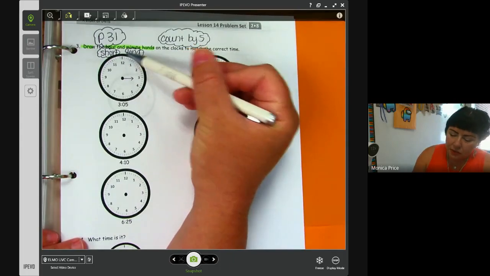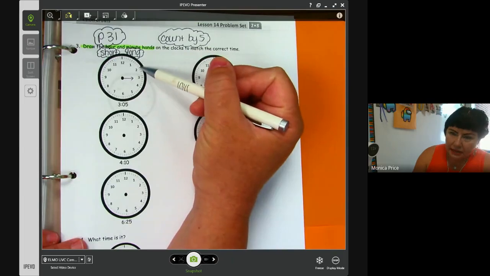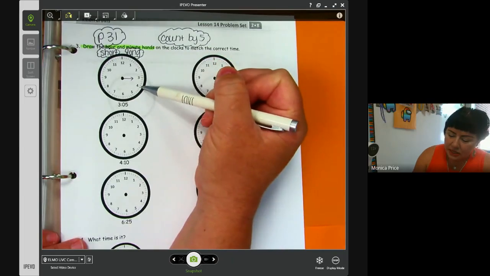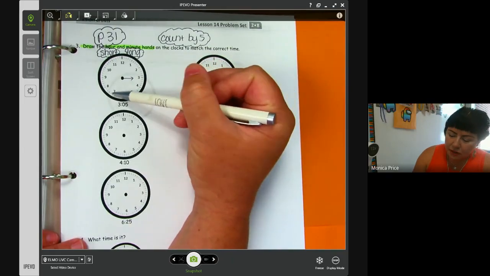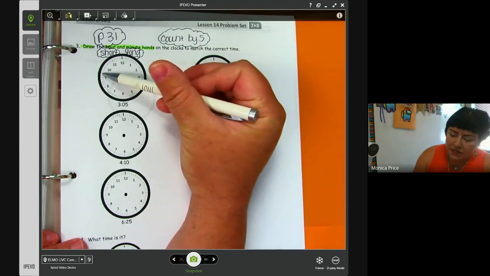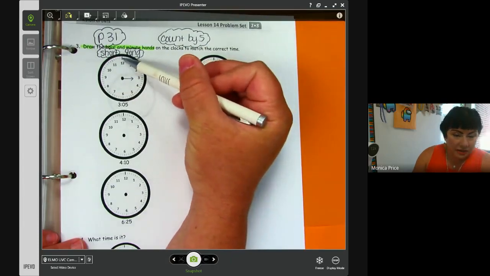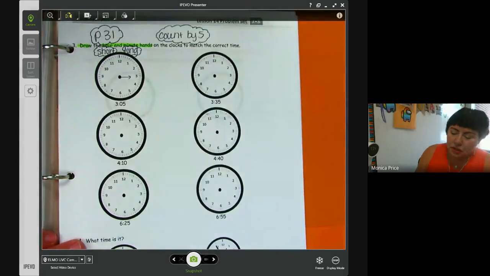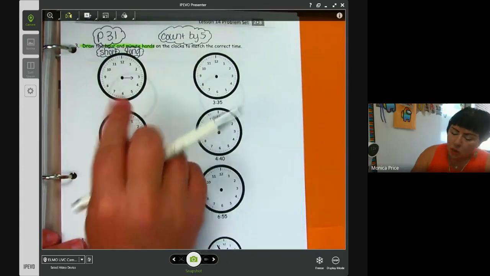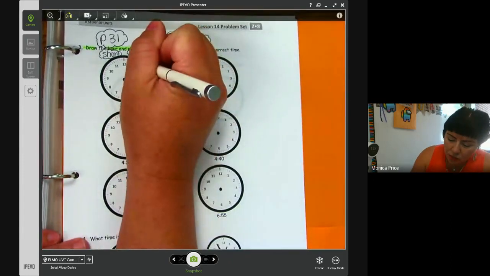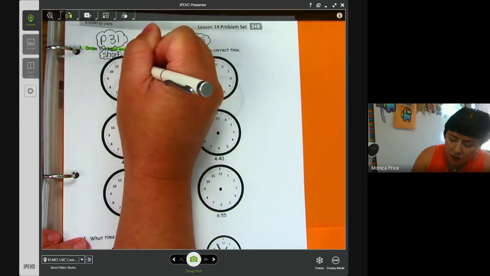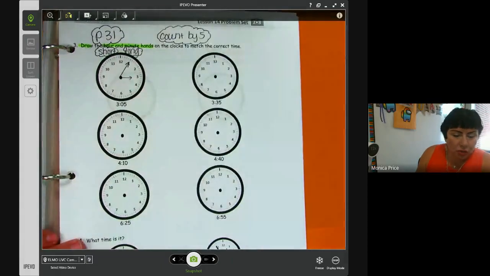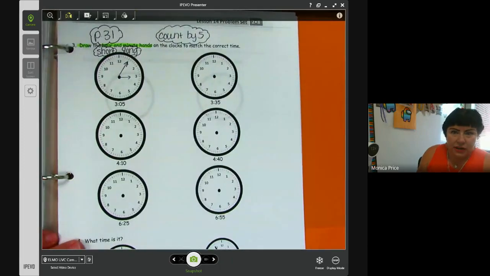So we've got 0, 5, 10, 15, 20, 25, 30, 35, 40, 45, 50, 55, and then 60 minutes, and then back to 0, of course, as we sweep our way around the clock. So if we're counting by 5, we want to go to our first benchmark, which is right here where it's marked 1. And we're going to draw our minute hand nice and long, either touching or almost touching the 1 itself, to show 3:05.